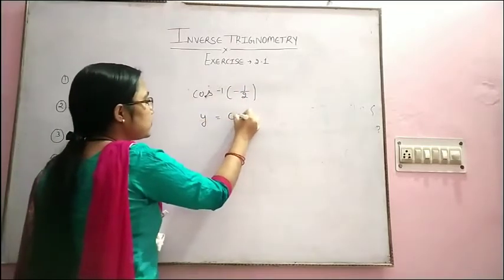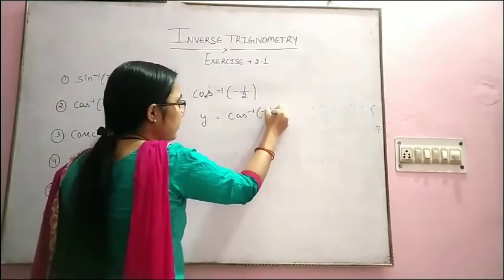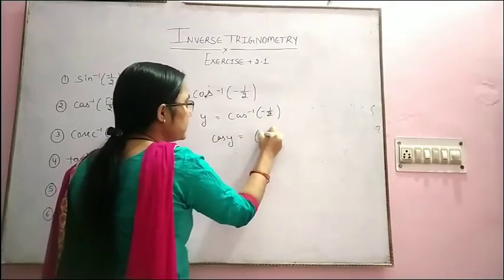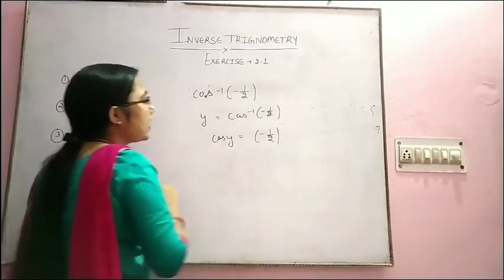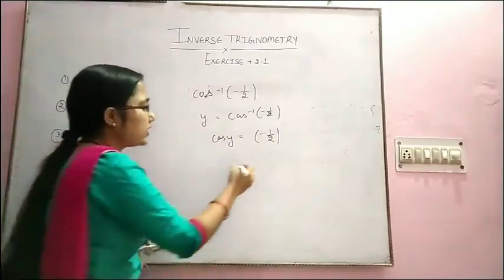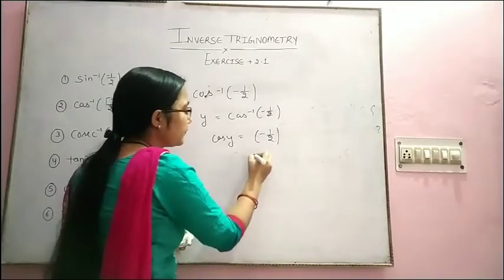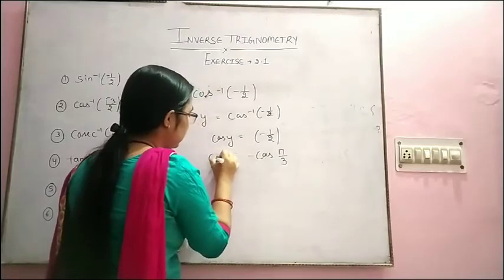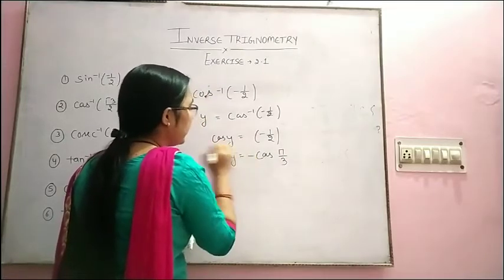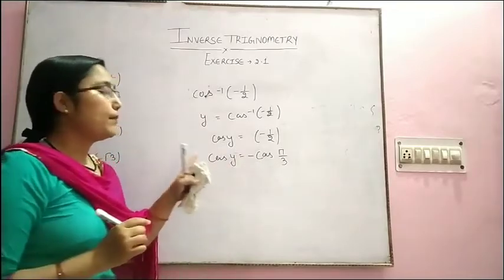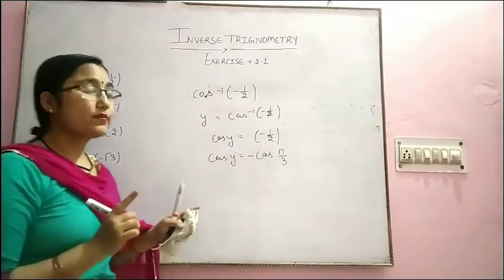Firstly, let y equal cos inverse minus half. That means cos y equals minus half. And half, in terms of cos, is cos pi by 3. And we all know that minus cos theta never equals cos minus theta.